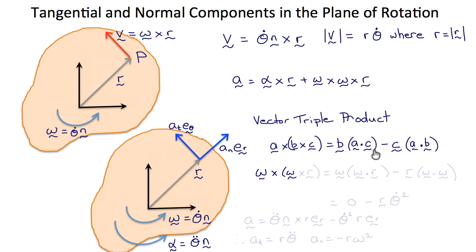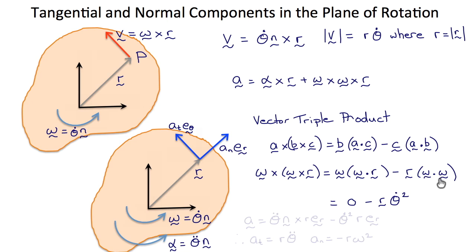In this case, a and b are omega, so we get that omega cross (omega cross r) equals omega times (omega dot r) minus r times (omega dot omega). Well, omega and r are orthogonal to each other, so this dot product is 0.